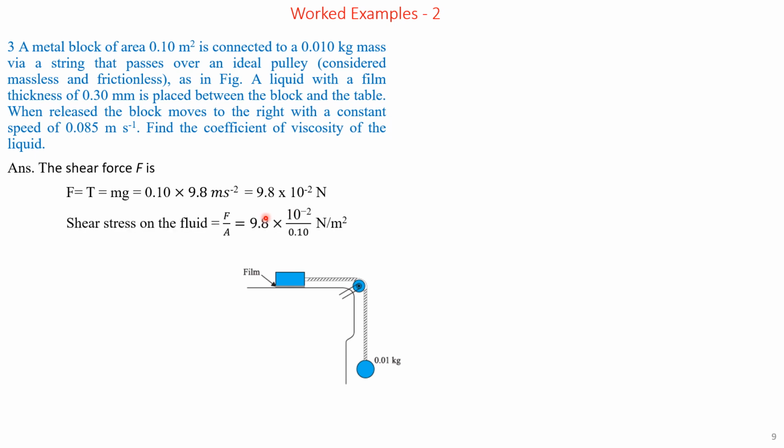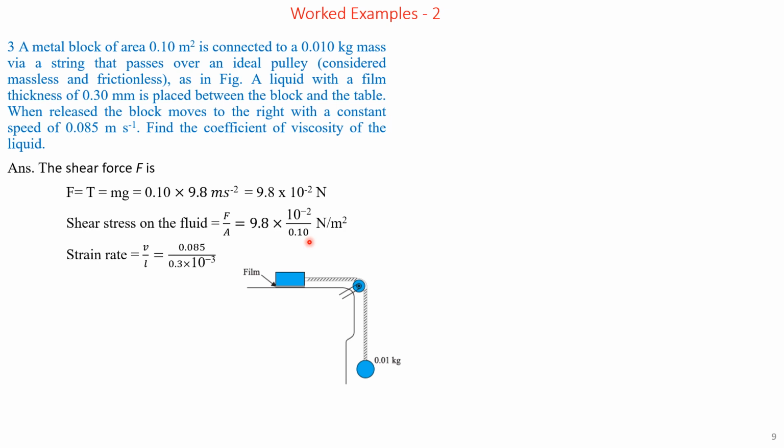Now, the shear stress on the fluid is F by A. Simplifying, we get 9.8 into 10 to the power of minus 2 divided by A, where A is 0.1 meter square. So, shear stress is equal to 9.8 into 10 to the power of minus 2 divided by 0.1 newtons per square meter.